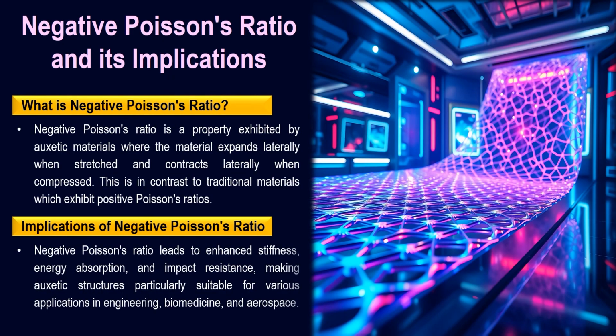The negative Poisson ratio leads to enhanced stiffness, energy absorption, impact resistance, making exotic structures particularly suitable for various applications in biomedicine and aerospace. One of the typical uses can be in case of implants. If I'm using a solid implant, there is a typical problem of stress shielding. With a negative Poisson ratio, I can basically address that stress shielding problem, right?